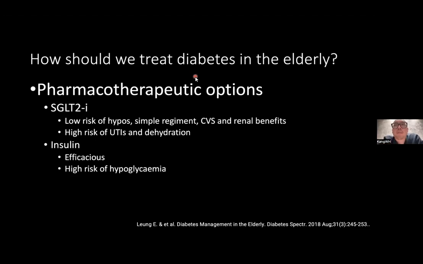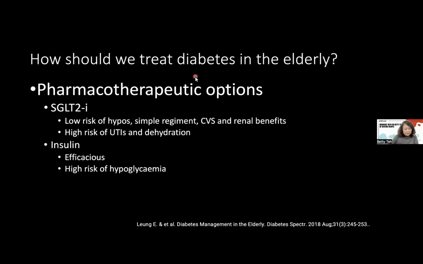Some of my patients say, doctor, I don't want this. If I take this, I'll be peeing every hour. I cannot go anywhere. So need to be cautious among these patients. They may not like it because of the frequency. Oh, there is an increased frequency with SGLT2 inhibitors? I never knew that. Yeah, because if the sugar is a bit high, it goes into the urine and you start peeing.